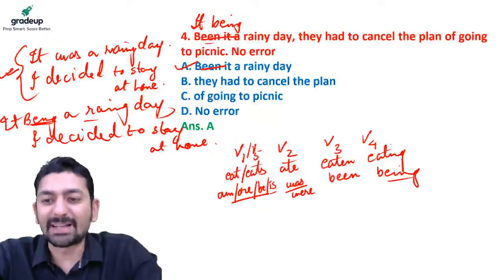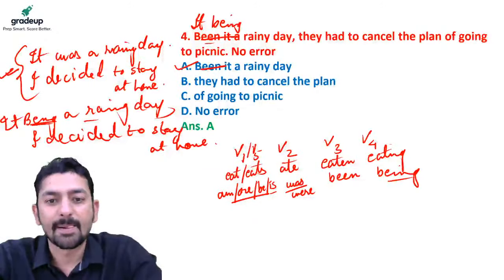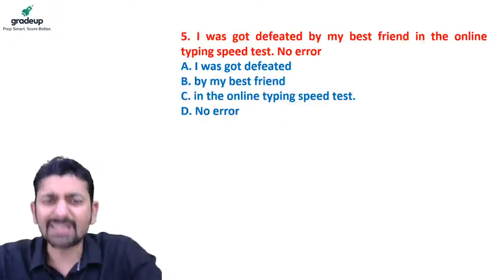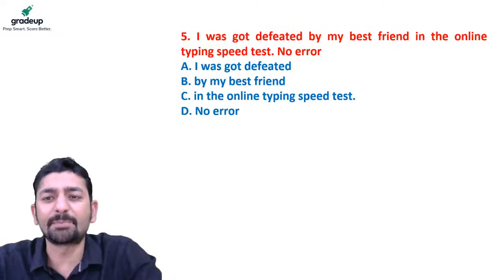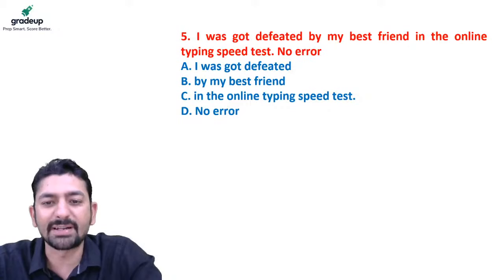Okay, let's move on to the next question, guys. Next question says, I was got defeated by my best friend in the online typing speed test. Can you tell me which part of the sentence has an error?